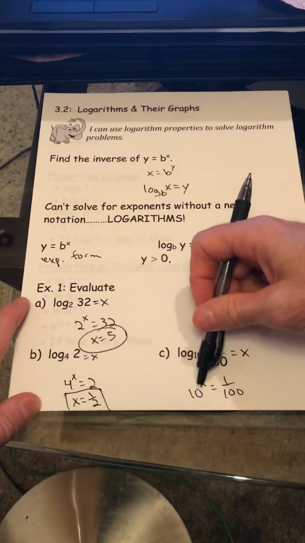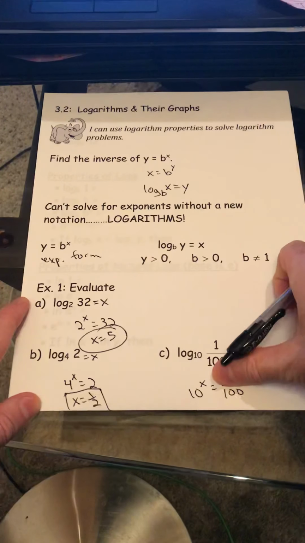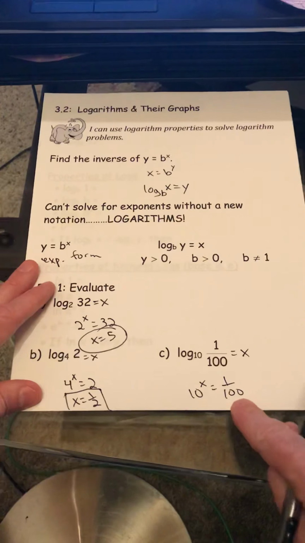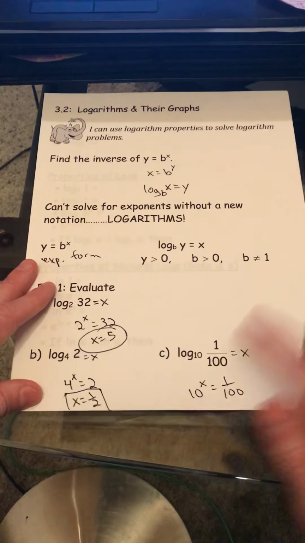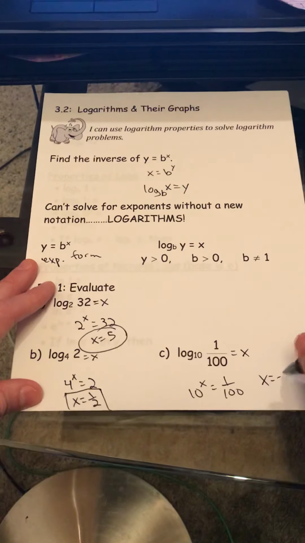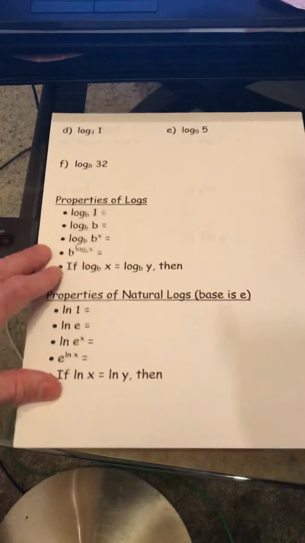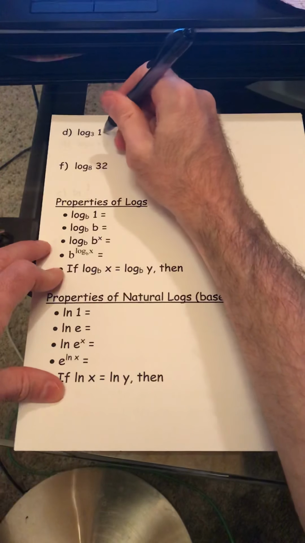Ignore the fraction initially. What power of 10 is 100? 10 to the second is 100. To make it a fraction, we need a negative exponent. So it's -2.